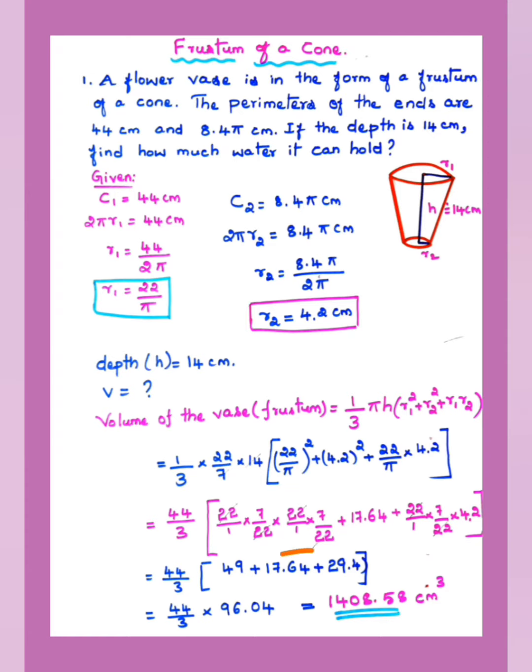So you know how to substitute this, and be careful with this addition sign. Okay, you get these answers, add them up, you are getting 96.04 into 44 by 3. Therefore on solving you are getting the answer as 1408.58 centimeter cube. This is the answer. Actually this kind of question will be given for descriptive type only, not for multiple choice, because it is too lengthy.